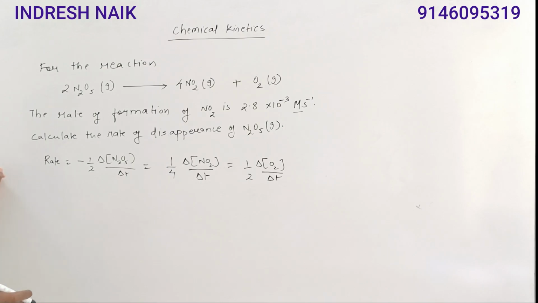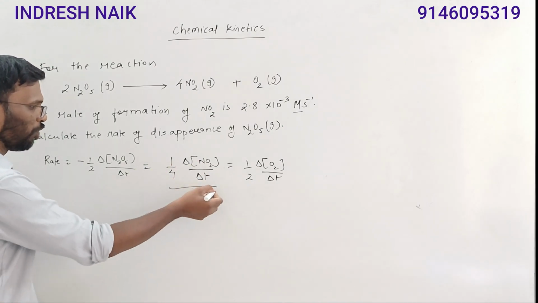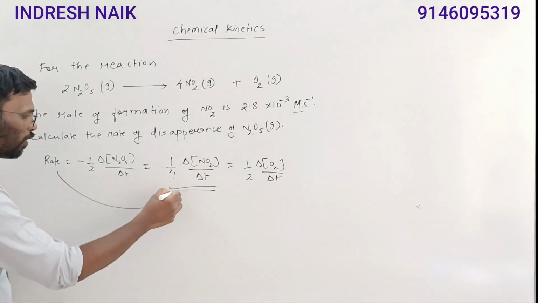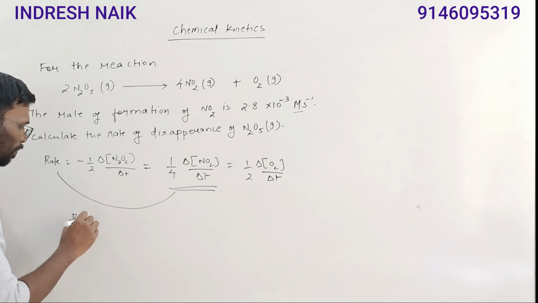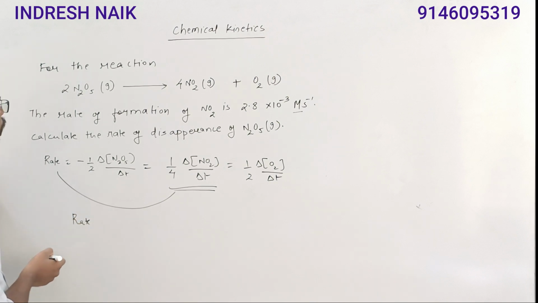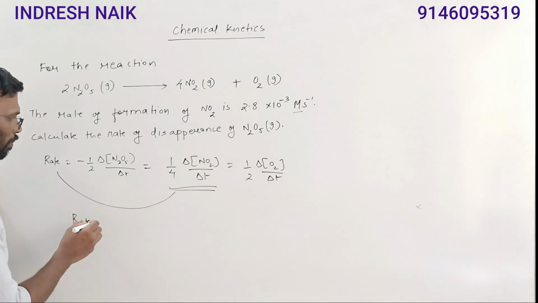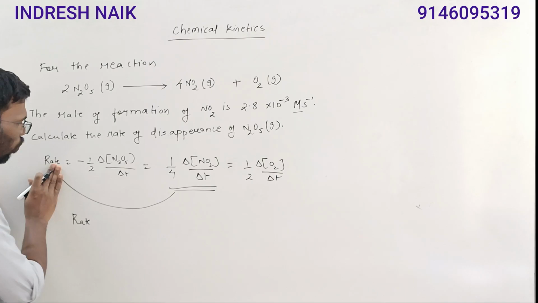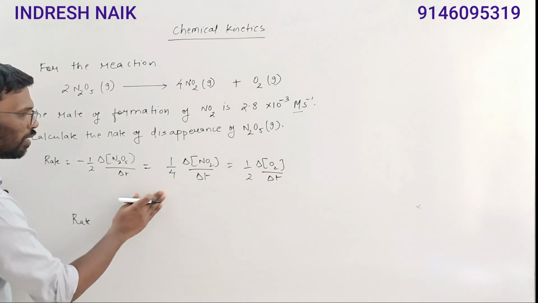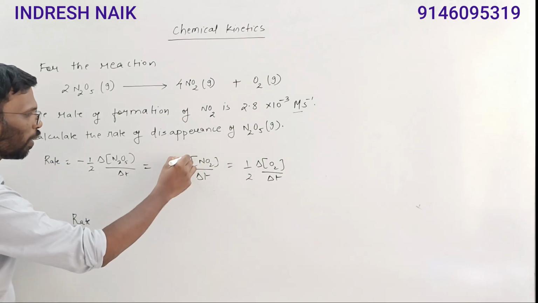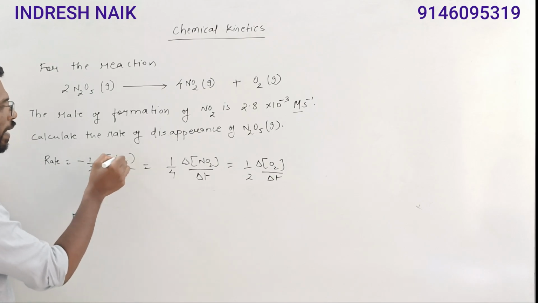Now rate of formation of NO2 is given. What is given? Rate of formation of NO2. So somewhere we have this data, so I'll equate it with this. So what are you told to find? Calculate rate of disappearance of N2O5. So we'll equate this, because NO2 is given and you are told to find N2O5.